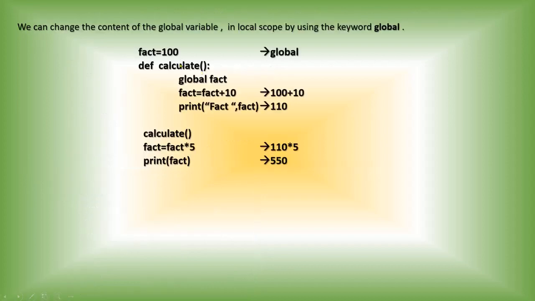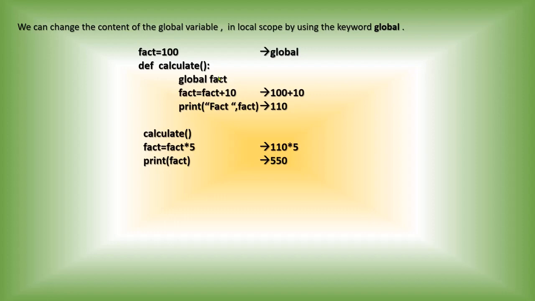And the next thing, by using the global keyword, you can change or update the value of the global variable. That is all about local and global variables. So that means global variables are variables which are defined outside all functions.